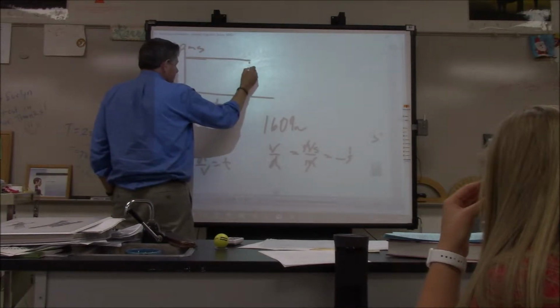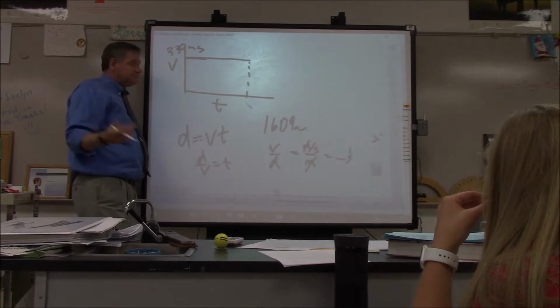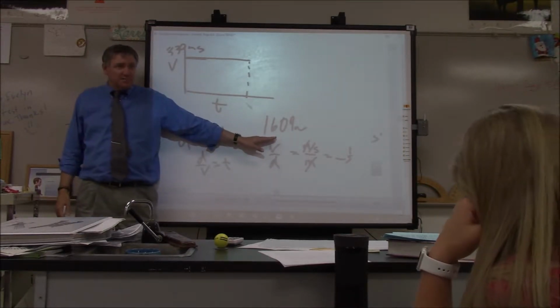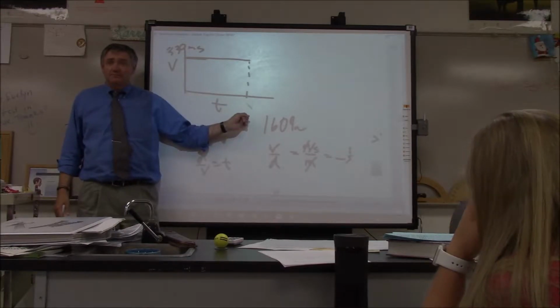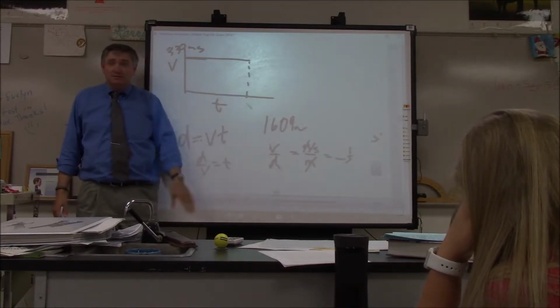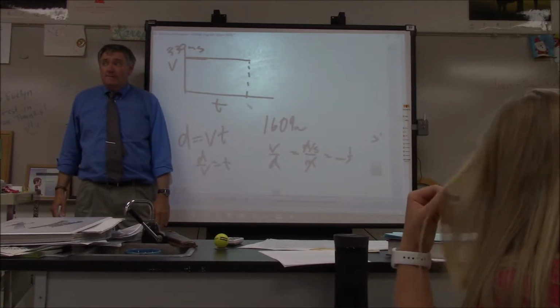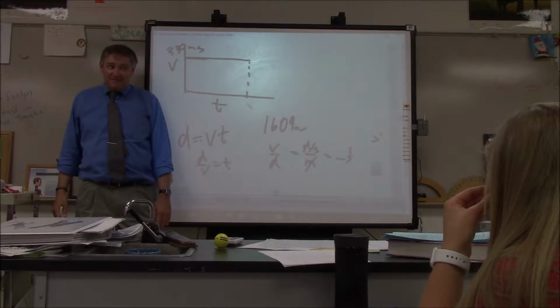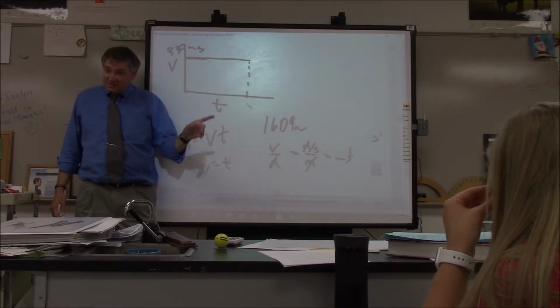That's going to travel for some amount of time, which we don't know. But now, how does the 1,609 meters play into the problem on a velocity time graph? How does this fit with this? It's a velocity time graph. Area. Area represents displacement.